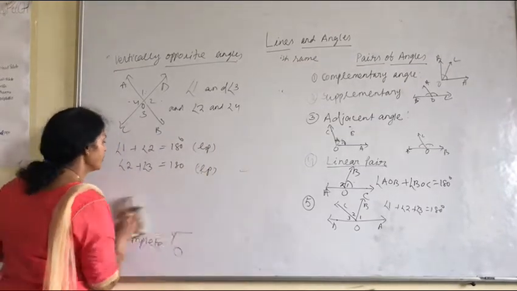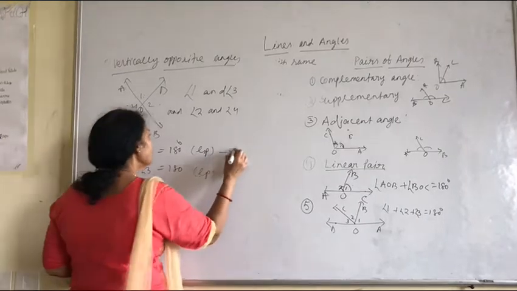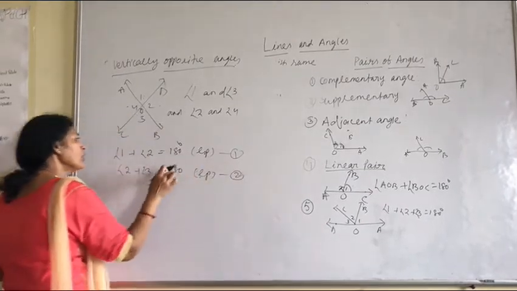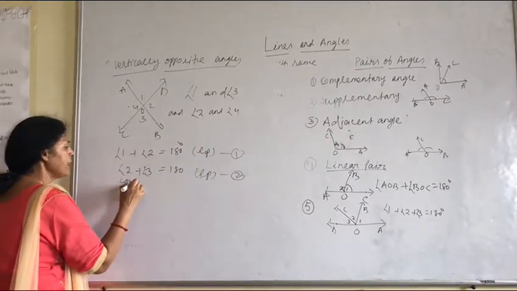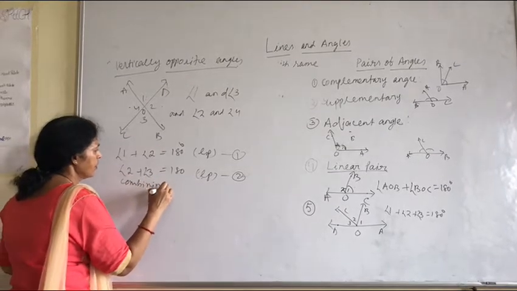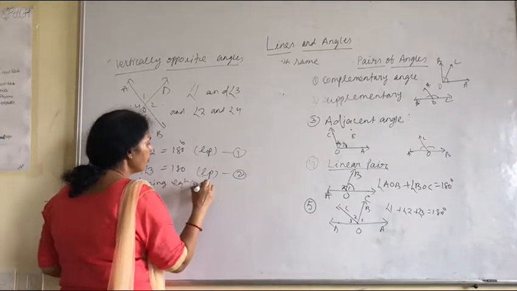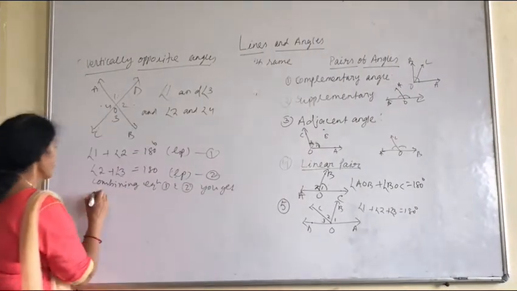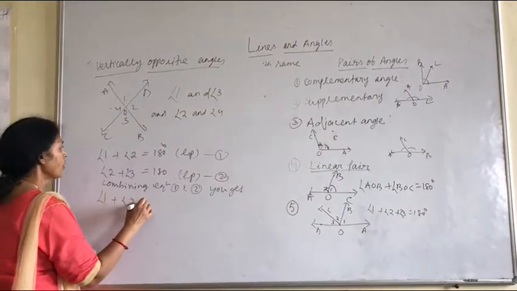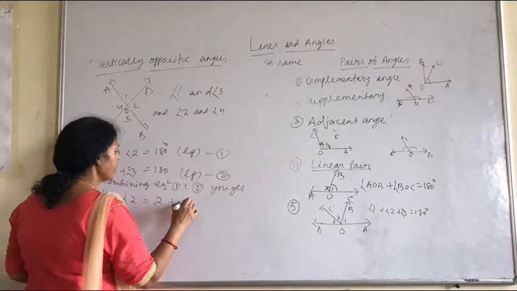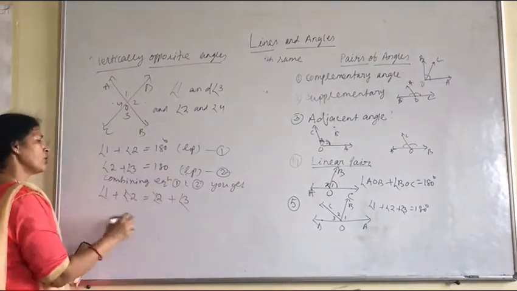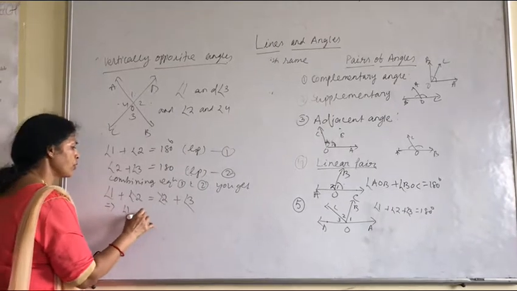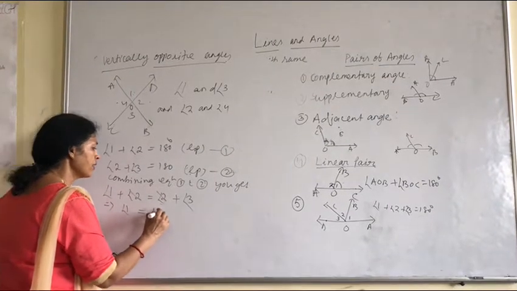So this is equation 1 and this is equation 2, both are 180 degrees. Combining equations 1 and 2, you get angle 1 plus angle 2 is equal to angle 2 plus angle 3. Angle 2 is common to both sides, so angle 1 is equal to angle 3.